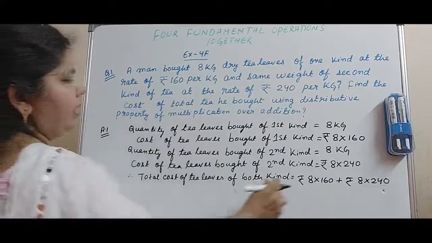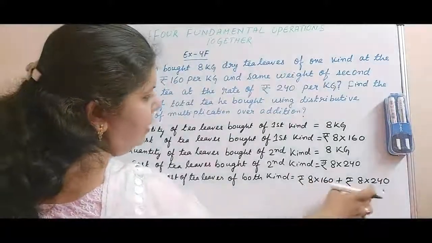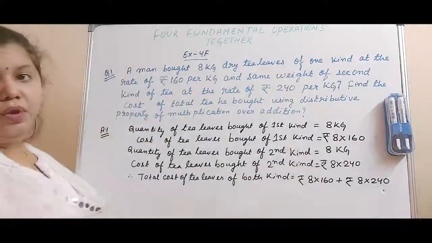Means you see here rupees 8 you can take common, because here also 8 into 160, here also we have 8 into 240.